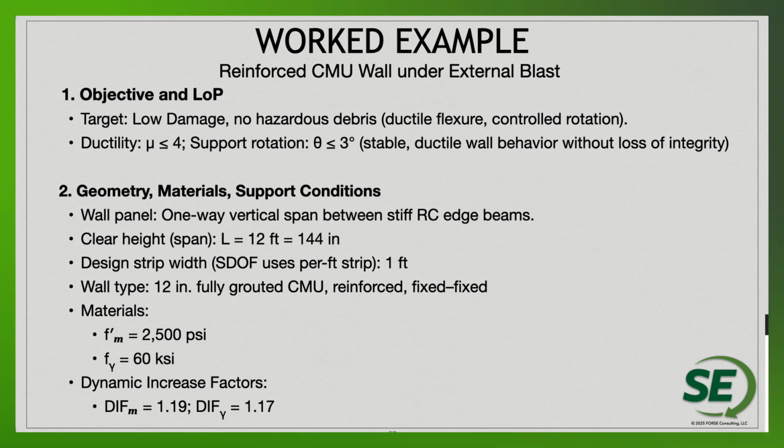The example focuses on a 12-foot tall, fully grouted 12-inch CMU wall with a 1-foot analytical strip. Reinforcement and material strength are provided here with f'm being 2500, fy 60 ksi, and the applicable dynamic increase factors for masonry 1.19 and for steel yielding 1.17.